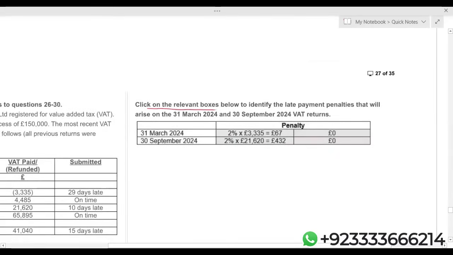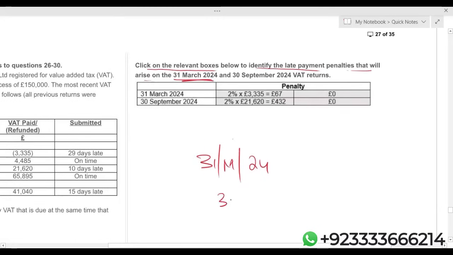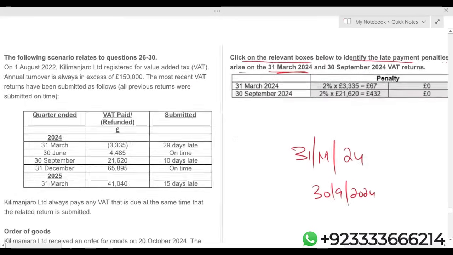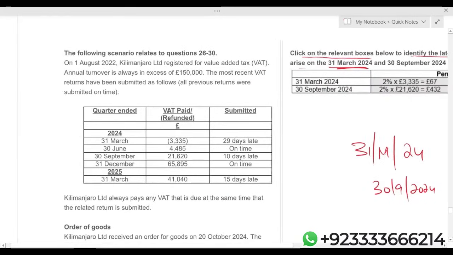Click on the relevant boxes below to identify the late payment penalties that will arise on 31st March 24 and 30th September 24. Okay, now let's see. VAT paid in brackets, negative shows refundable, 31st March.